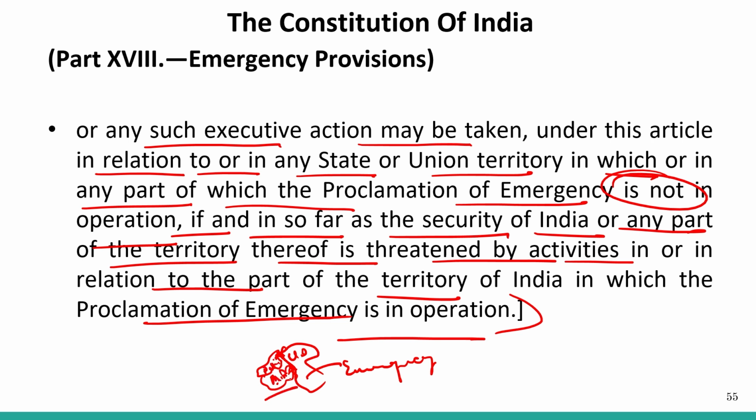So for that reason, the suspension of Article 19 can take place in Madhya Pradesh as well as in Delhi, if it is seen that the internal disturbance that is taking place threatens the security of the parts of the territories adjacent to where the emergency provisions are already in operation.